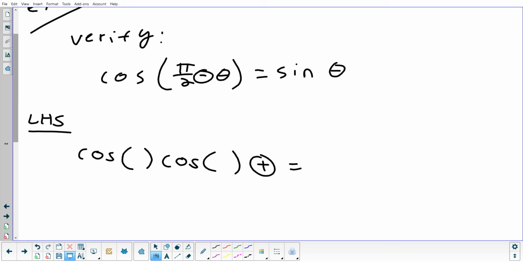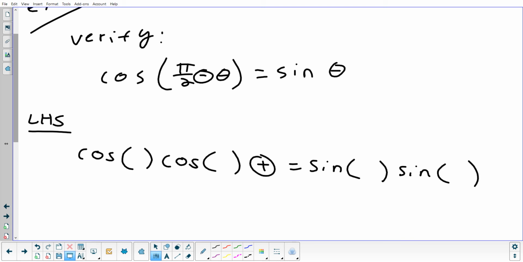All right, so we got that equals, and what's going to come after the sum? So I have sine, sine. And now I'm going to fill in all my arguments.